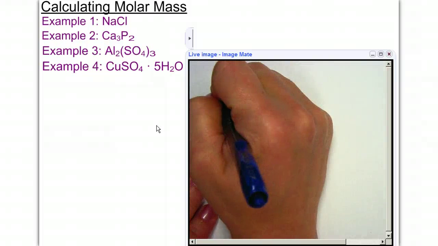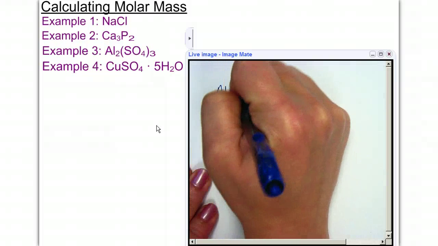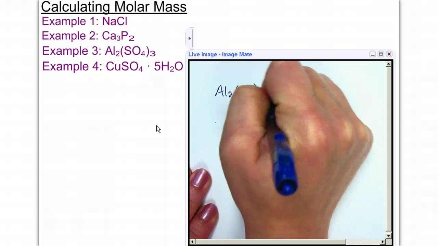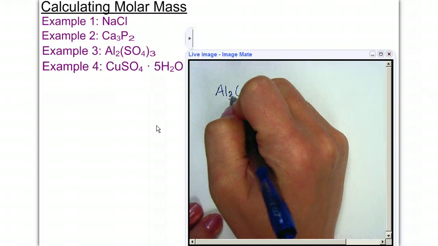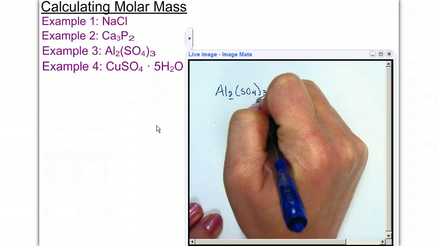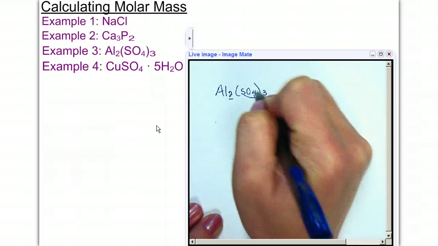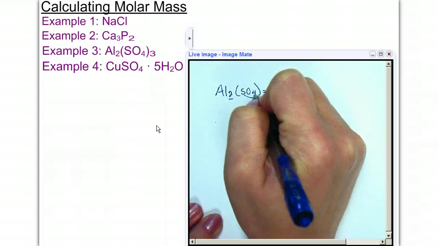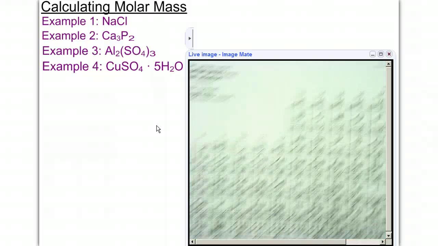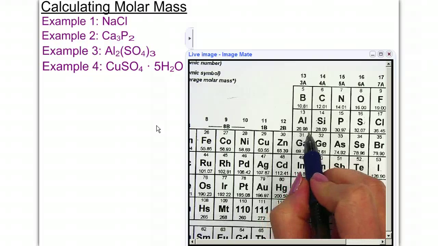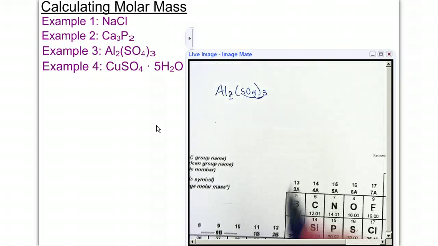Example 3 is aluminum sulfate. And so this one has parentheses, which is going to be a little bit different. Remember, when we count our atoms, this means I have 2 aluminums. This 3 will distribute inward, giving me 3 sulfur, and 3 times 4 is 12 oxygens. So let's find aluminum. Here's aluminum, 26.98.